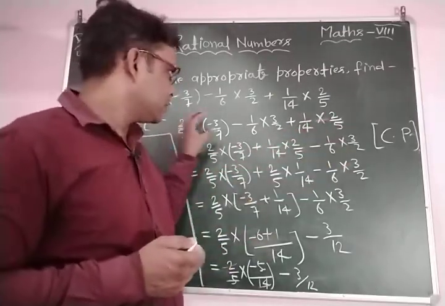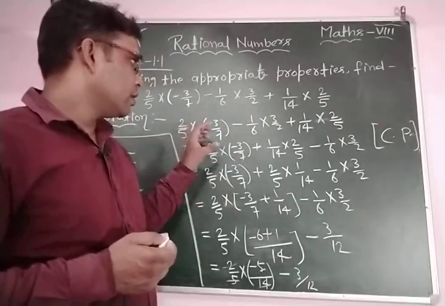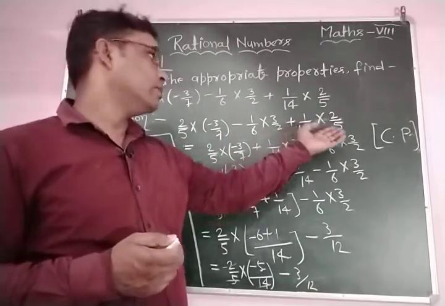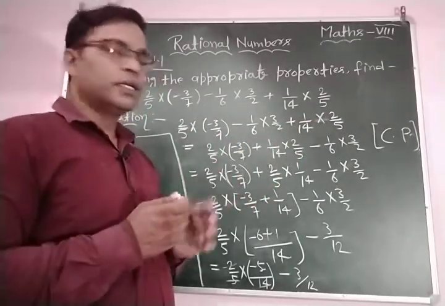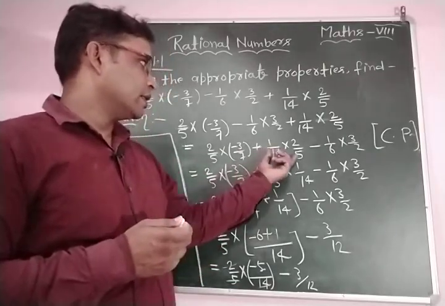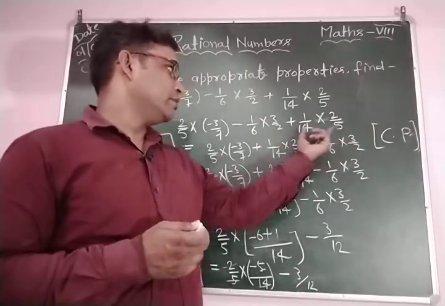First we observe this question and what is common between them. In the first term and third term we obtain a common 2 by 5. So we first use the commutative law of addition and write like this: first this term, and the third term here.